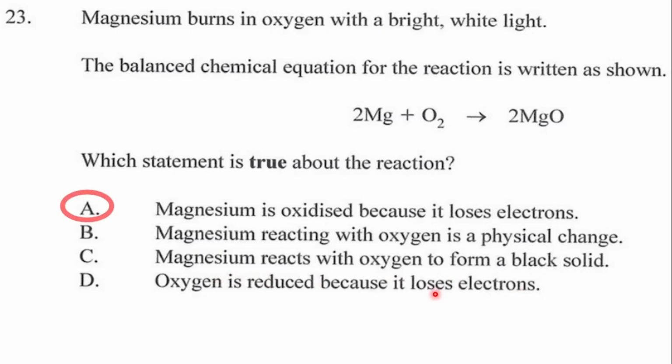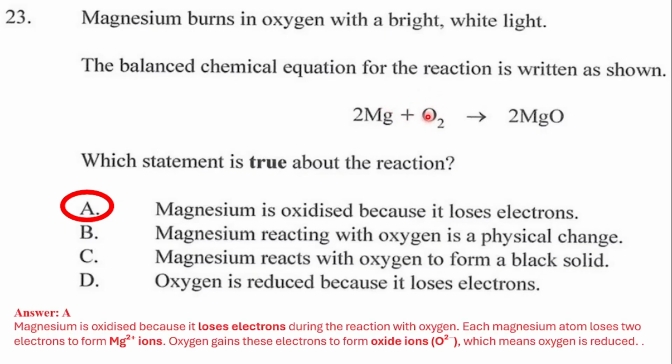The correct answer is definitely going to be A, magnesium is oxidized because it loses electrons. So here we have magnesium being oxidized and oxygen being reduced. Magnesium is oxidized because it loses electrons during the reaction with oxygen.